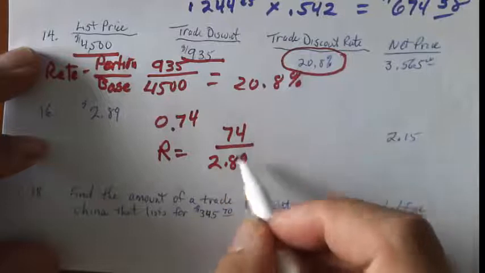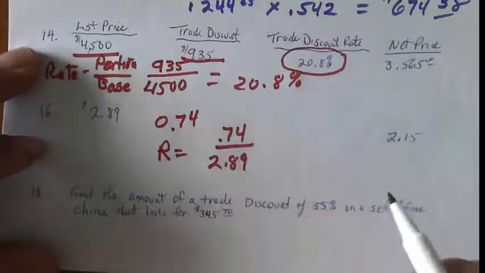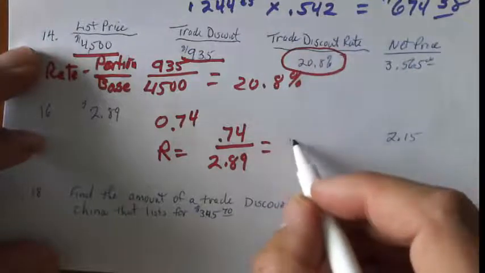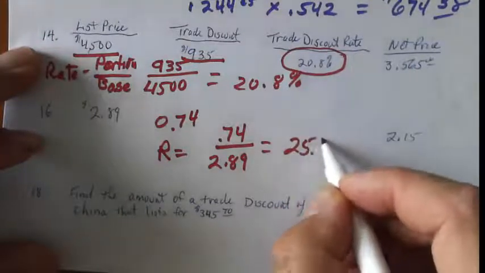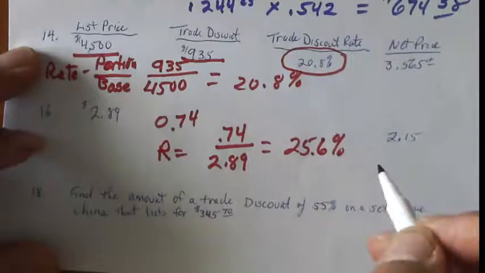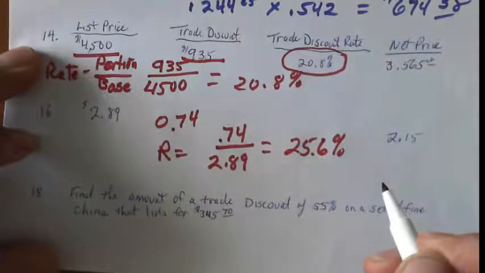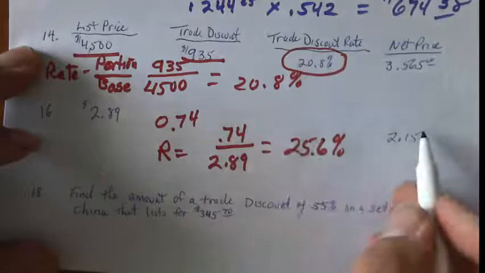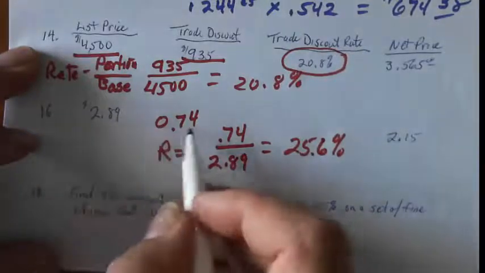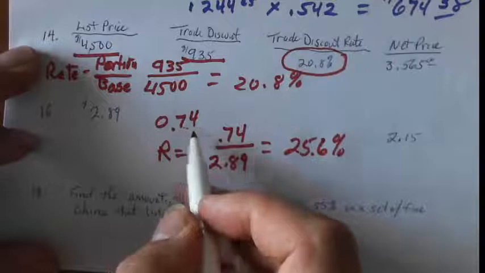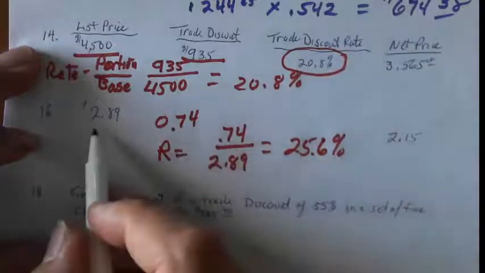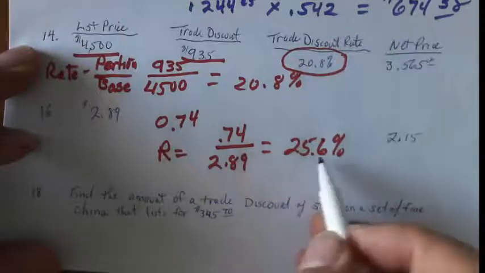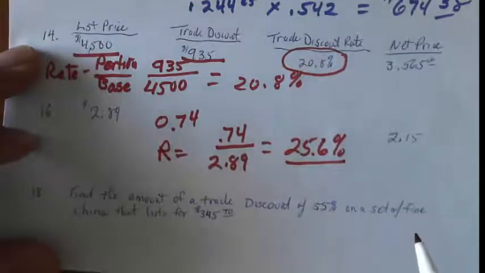Part over the whole. So we're going to simply divide that out. So it's 74 cents, right? And as we divide that, we get 25.6%. Okay? So you have to get your discount by subtracting the net price from your list price. So you get your discount, the difference. And then you take your difference over your starting, your list price. And then it's just a division problem to get your trade discount.